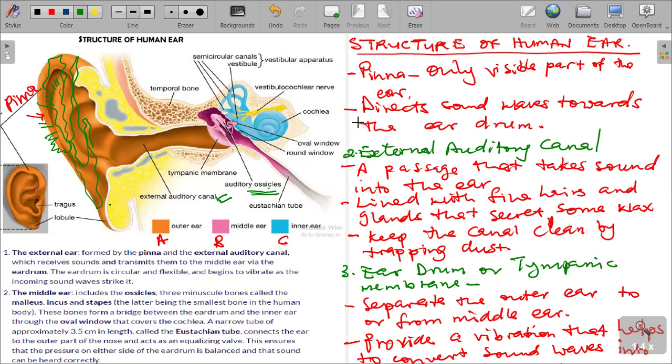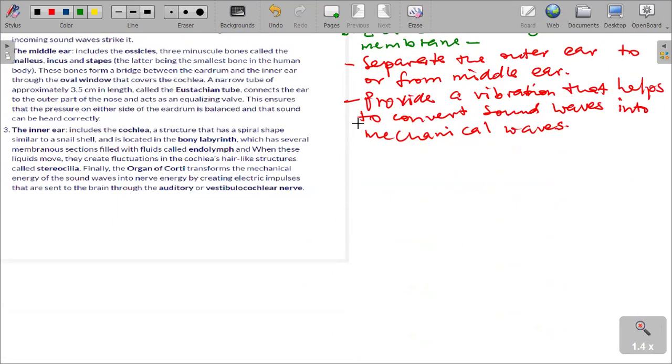So we are saying the ossicles, number four. The first thing is that they are made up of three bones joined together.